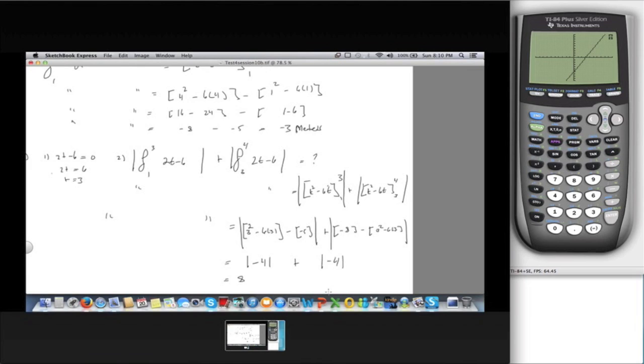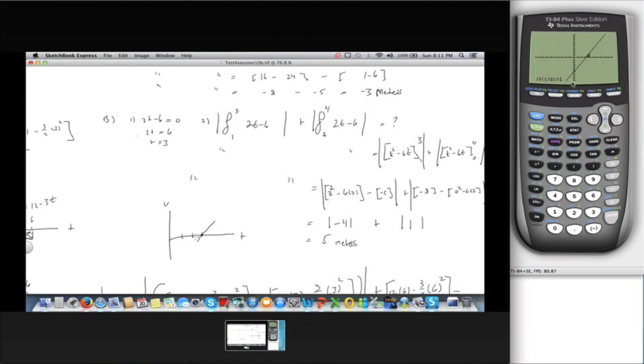It's -9. So this is -8 minus -9, which is 1. So this will be equal to 5. Okay, I think that's good. That's 5 meters.